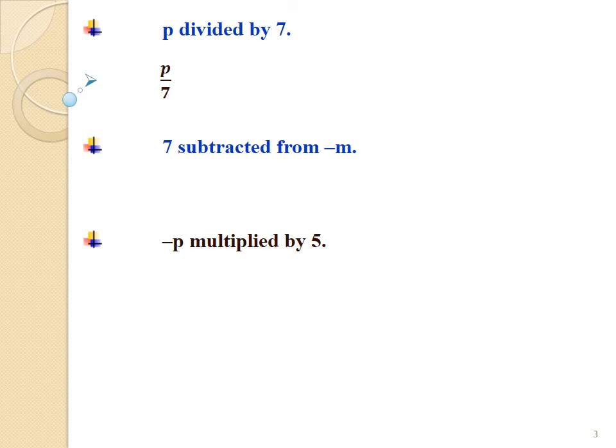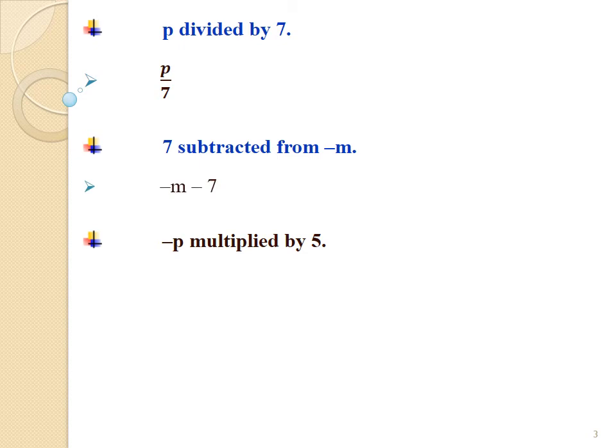So now let us write the expression for 7 subtracted from minus m. Thus, the expression for this statement is minus m minus 7.